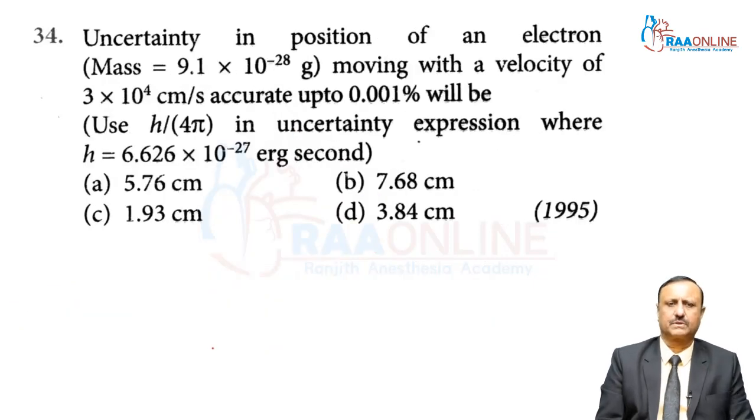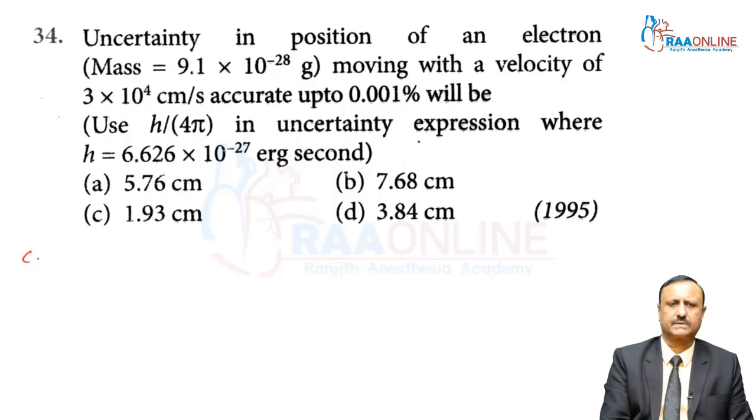Now, we can go to question number 34. The uncertainty in position of an electron moving with a velocity of 3 into 10 to the power 4 centimeter per second, accurate up to 0.001%, will be? Use h upon 4 pi in the uncertainty expression.